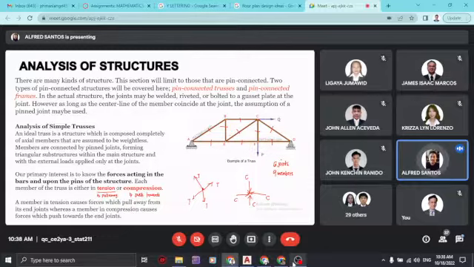So those are two equations in one joint. So if you have 6 joints, you can solve up to 12 unknowns. So kung 6 joints yan, 5 lang yung a-analyze natin. And then yung isa is pang-check lang natin or optional. Kung gusto nyo i-check, check nyo. Kung ayaw nyo i-check, okay lang naman.